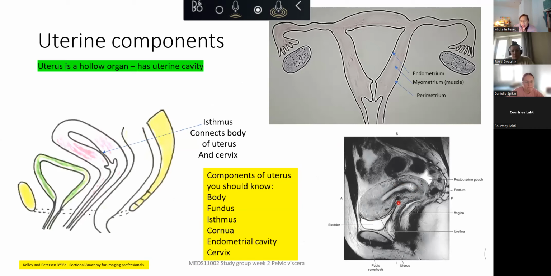Because if the cervix shortens in length, there's a chance that the person may have a premature delivery, because it needs to be a certain length to maintain the baby up in the uterine cavity. So when you say shortens, do you mean it's short from the body down to the vagina? This length would be the cervix, and instead of this, it might be like that length from what I'm showing here. Okay, cool, thanks.